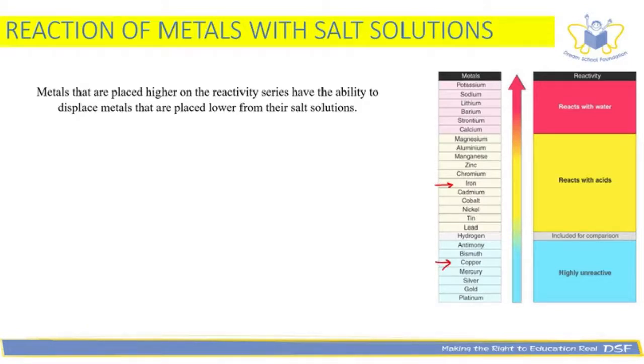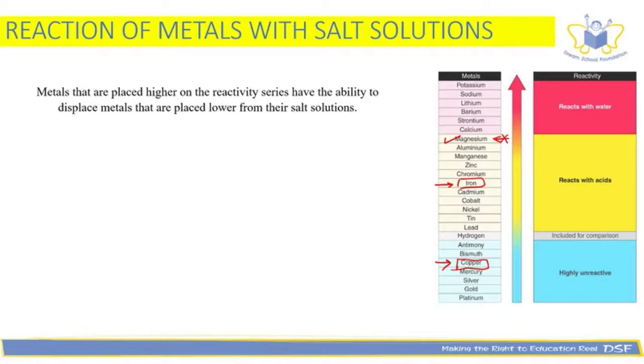But if you place iron in magnesium sulfate, it will not be able to displace magnesium from its salt because iron is less reactive than magnesium. Whereas iron being more reactive than copper, it can displace it from its salt solution.